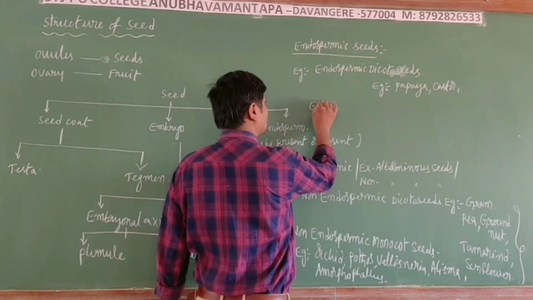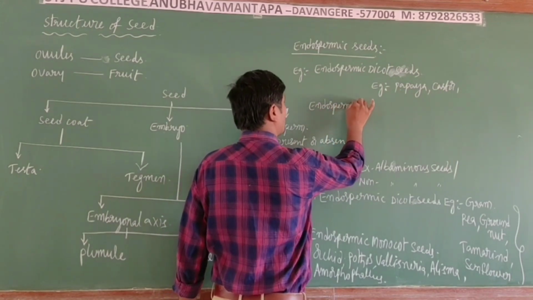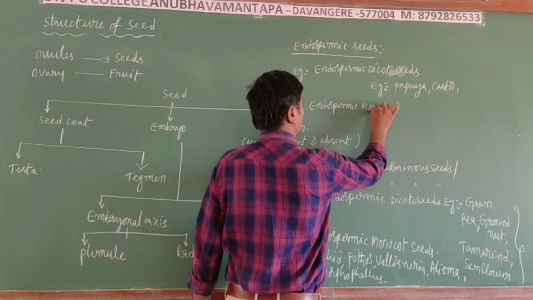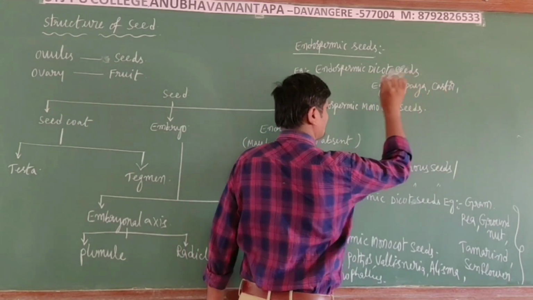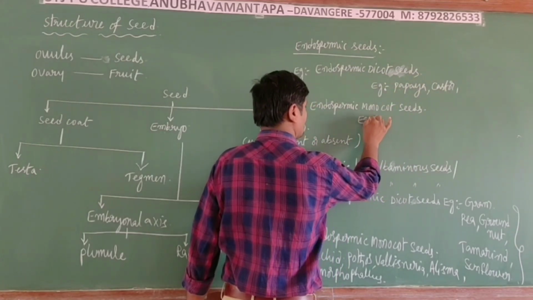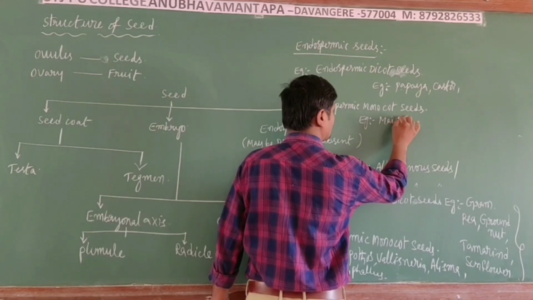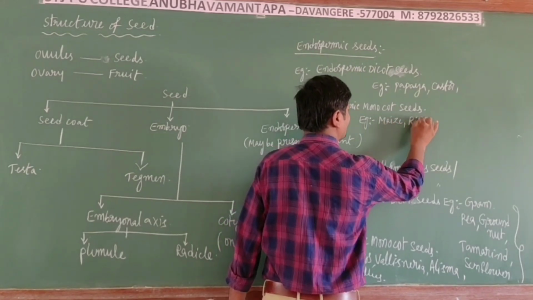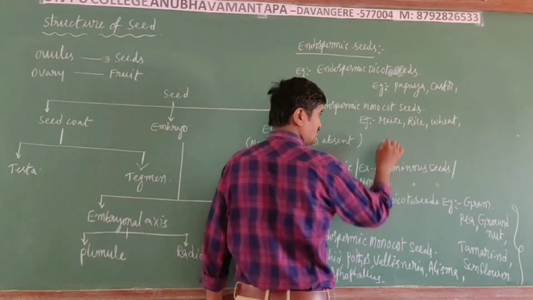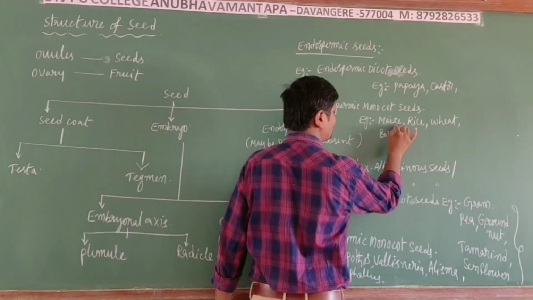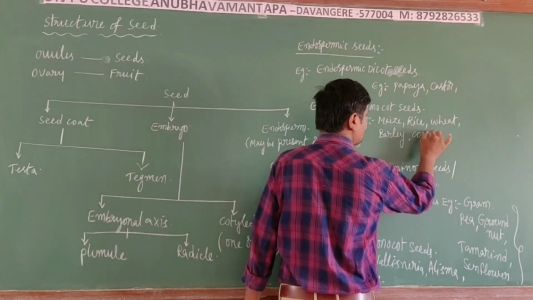Next one, the endospermic monocot seeds. Maize, rice, wheat, barley, coconut.